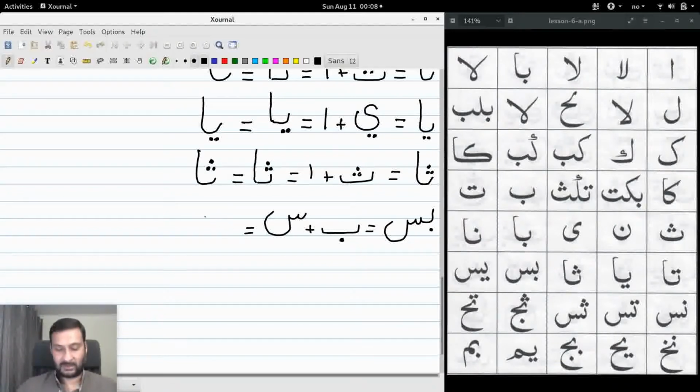So when ba is in the beginning of the word, it takes this form, ba, and sin is at the end of the word, so any letter at the end of any word will retain its full form. So ba sin.